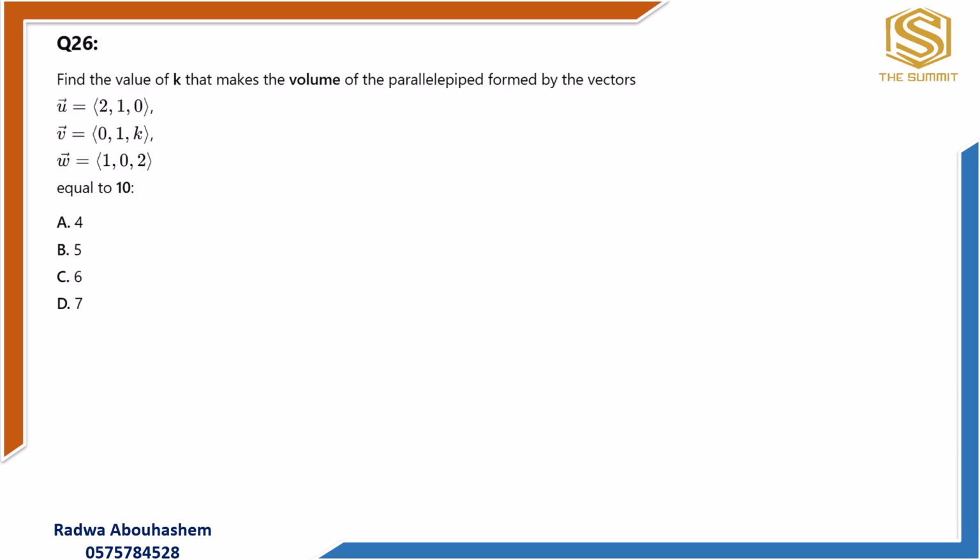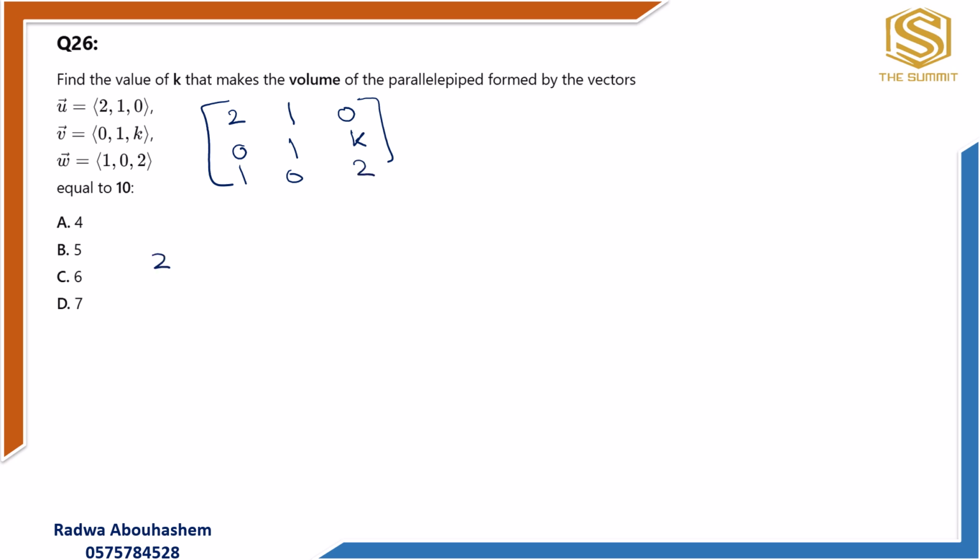Find the value of k that makes the volume of the parallelepiped formed by the vectors equal to 10. Let's put it as a matrix first. 2, 1, 0. 0, 1, and k, and 1, 0, 2. Now let's get the determinant.